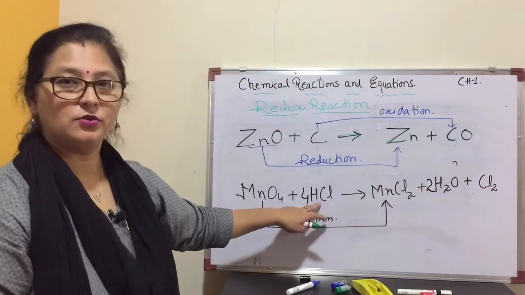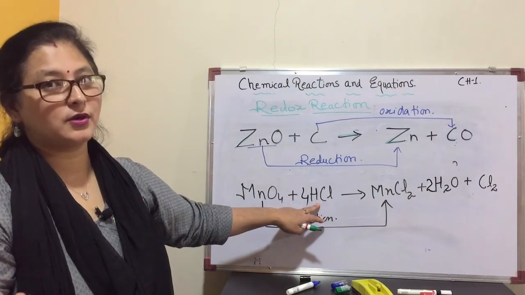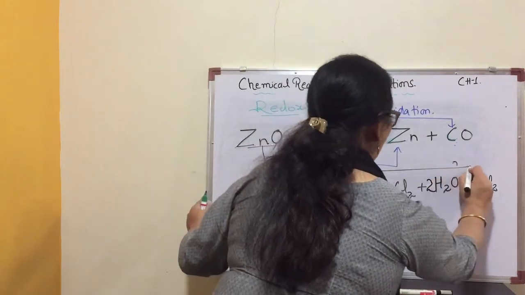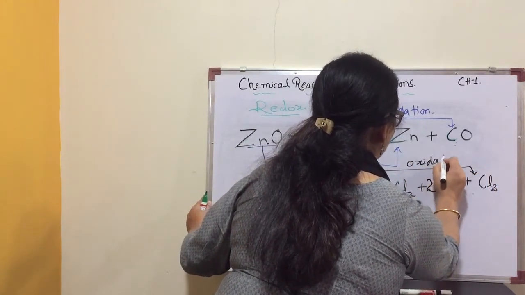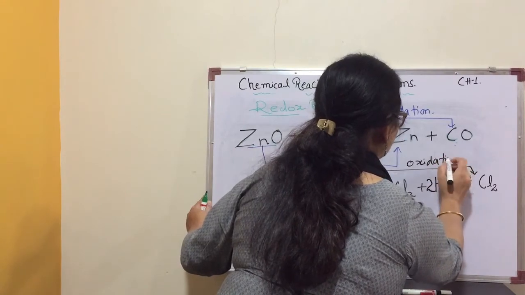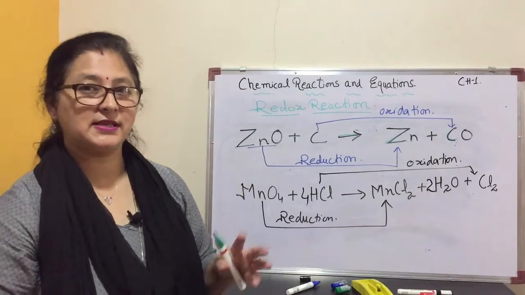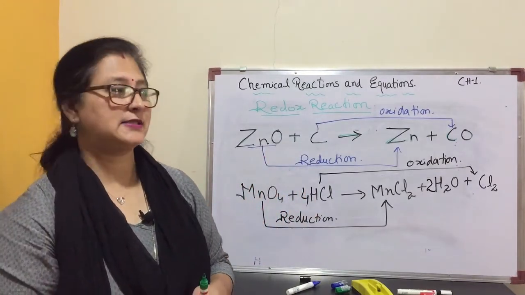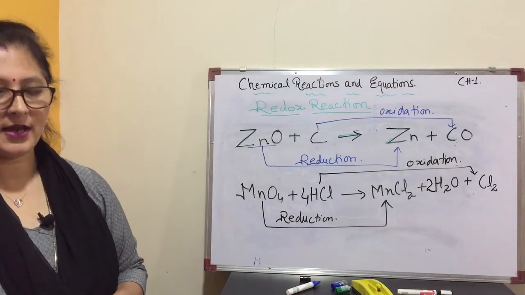And what is loss of hydrogen? The loss of hydrogen is also known as oxidation, right? So HCl is getting oxidized. So this is the oxidation reaction. We have seen in these equations that oxidation and reduction reactions take place simultaneously. So these types of reactions are redox reactions.